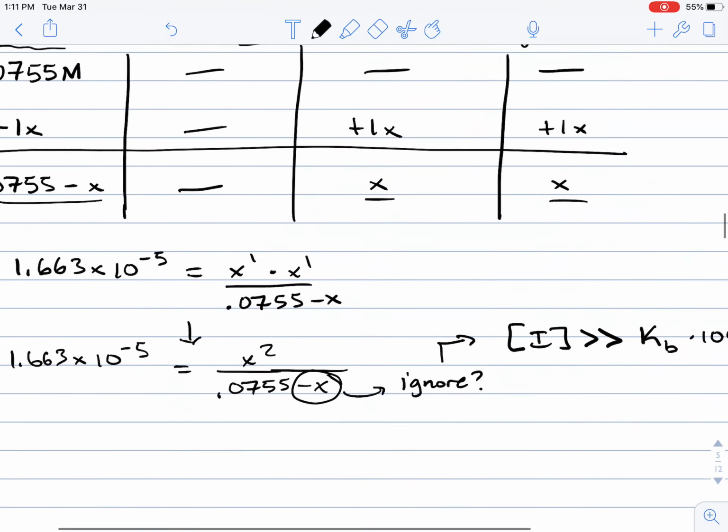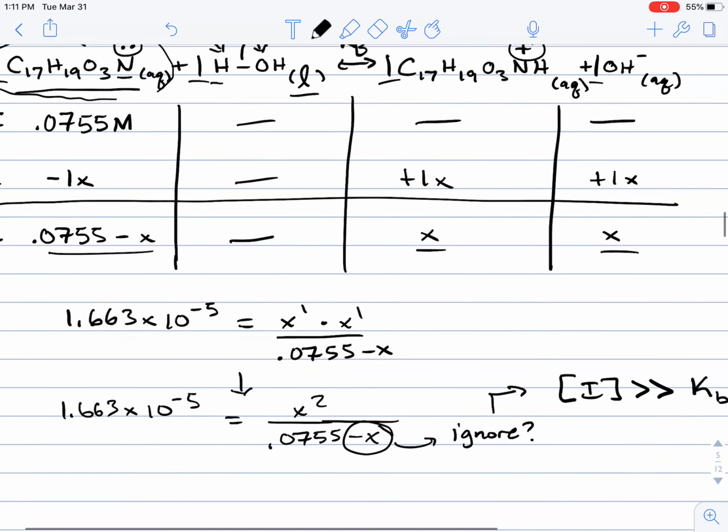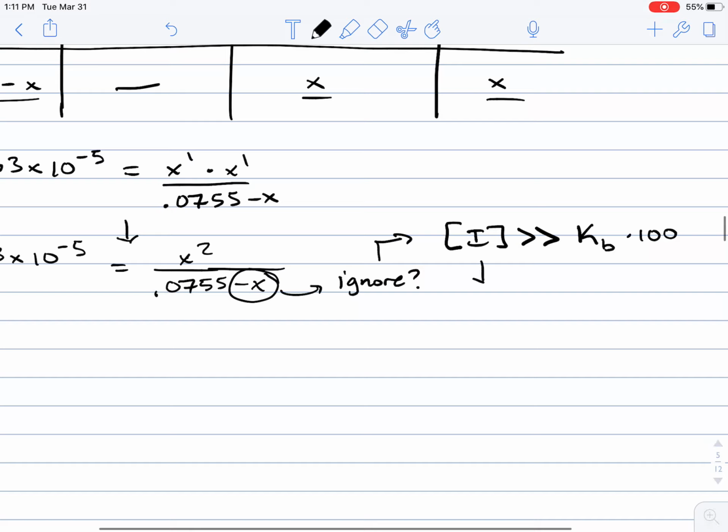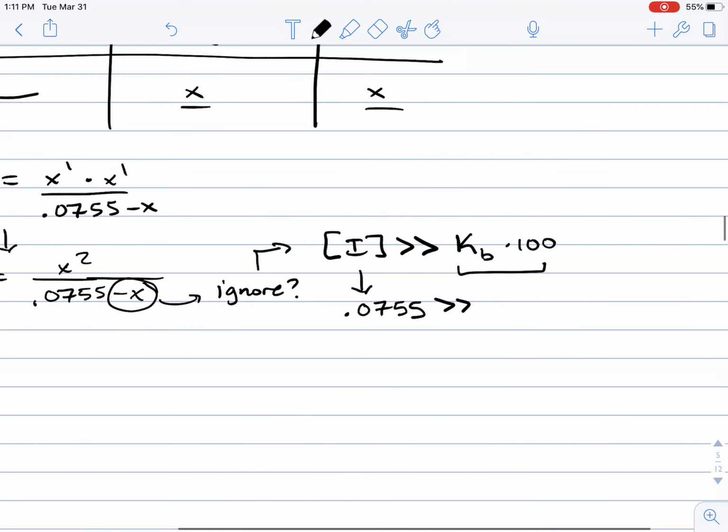The initial concentration is 0.0755, and if you multiply the Kb value times 100, you get 0.001663. I'm skipping some steps here.